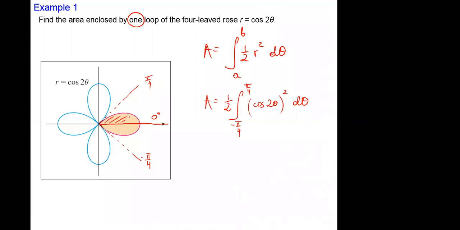So I can set up an integral just from 0 to pi over 4, the same thing, 1/2 r squared, and I can multiply by 2, because then I have two of those, but they are identical. That will probably be the option on the test. Of course, 2 times 1/2 is gone, no coefficient, just simply 1, and then r squared, cosine 2 theta squared.